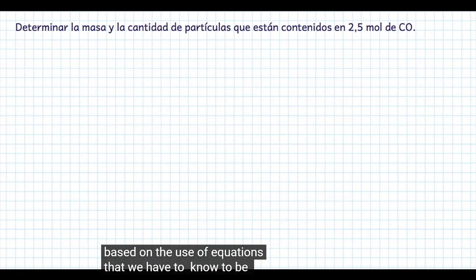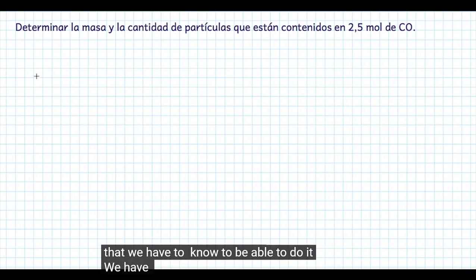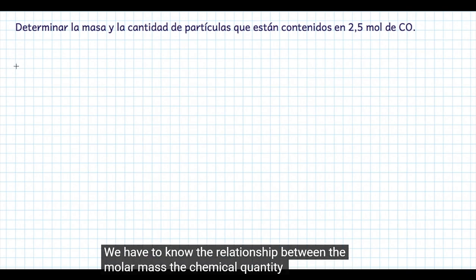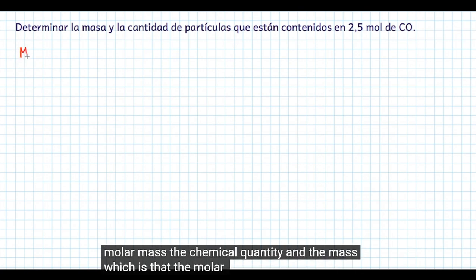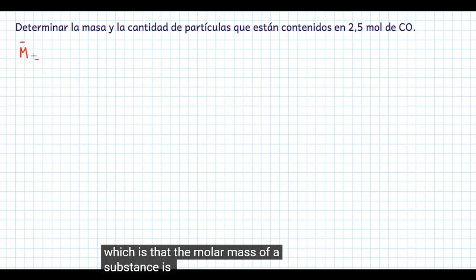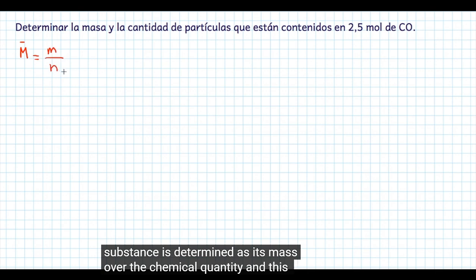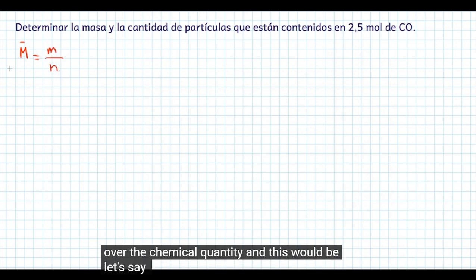To be able to do it, we have to know the relationship between the molar mass, the chemical quantity, and the mass, which is that the molar mass of a substance is determined as its mass over the chemical quantity. This would be my first equation.